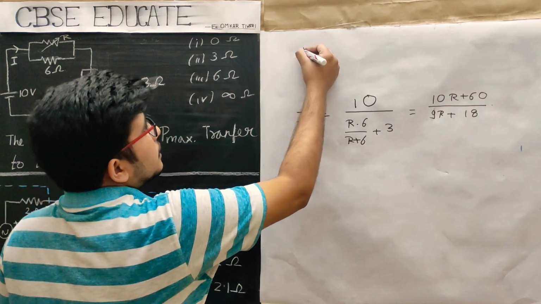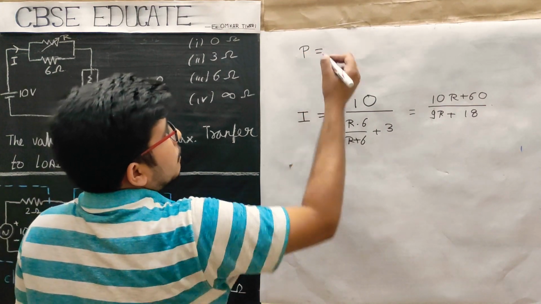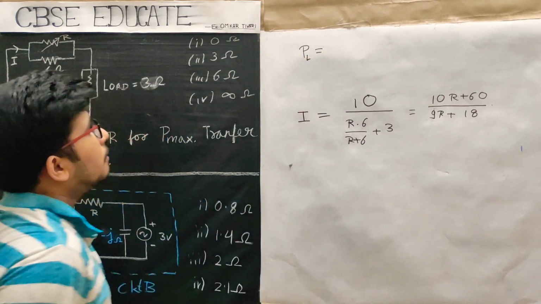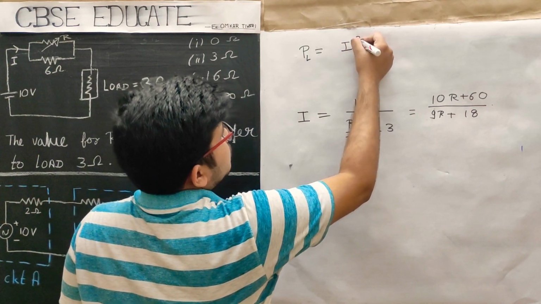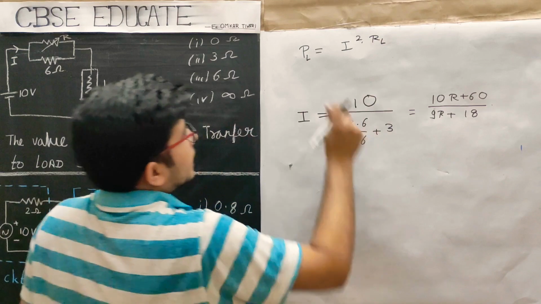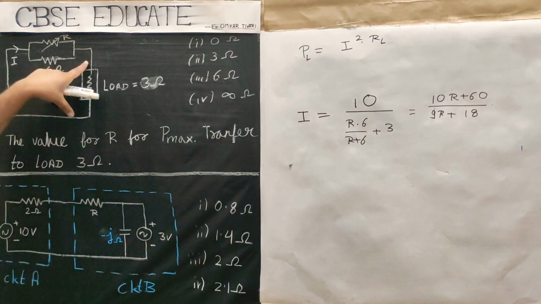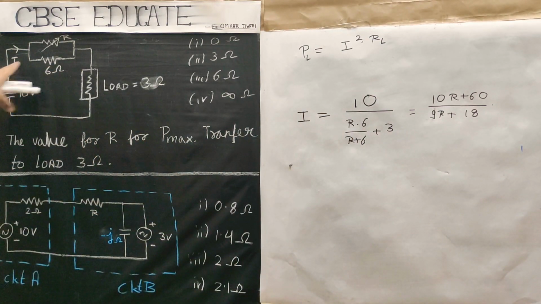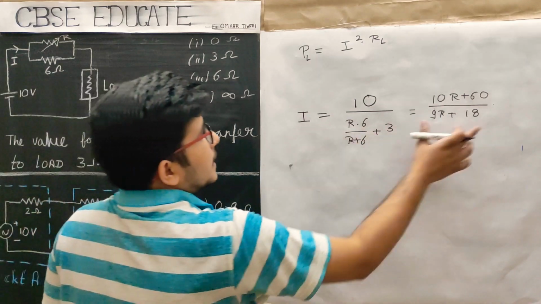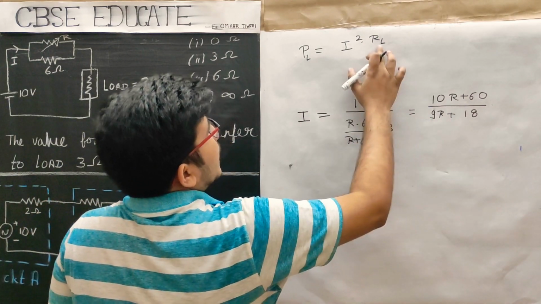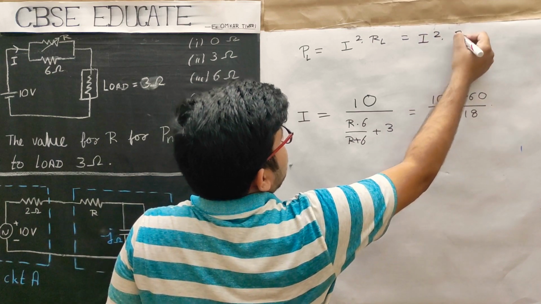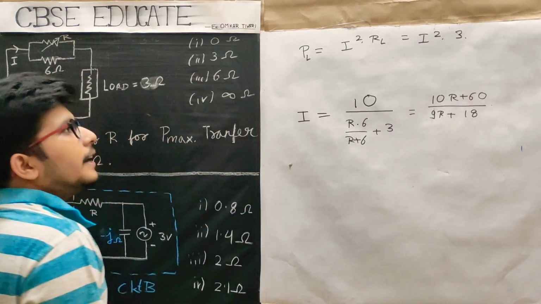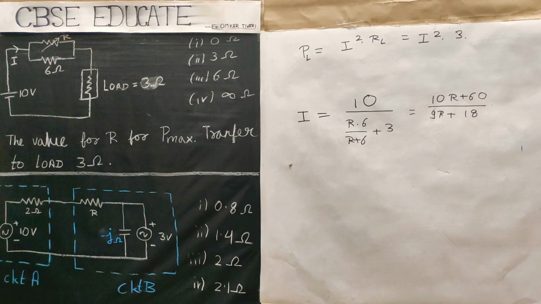Now as you know, the power in the load, PL, is equal to what? I square into RL. And I is the same, because the current in this will be the same as this, so in place of I I can write this. And RL is fixed, so I square into 3.